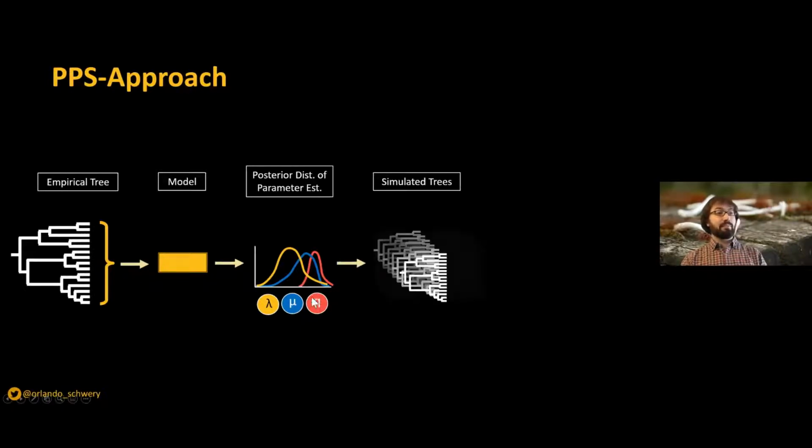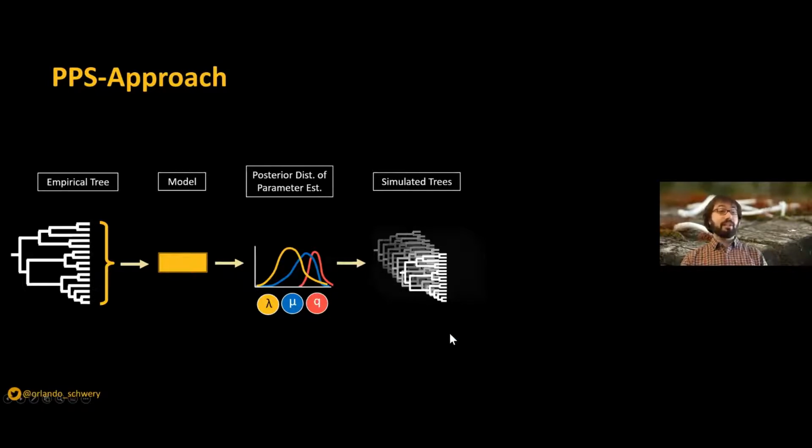Then we will pull parameters from these posterior distributions and simulate a bunch of other trees. So the thought, if you think back on the coin toss example, the thought here will be that if this model is adequate for this empirical data, then these trees should look similar to the initial tree.